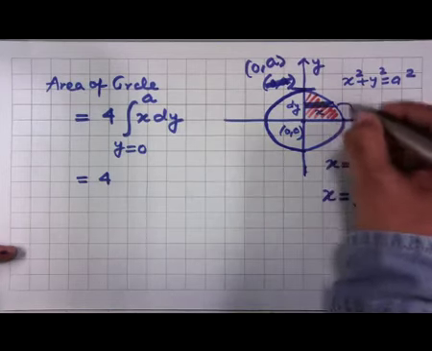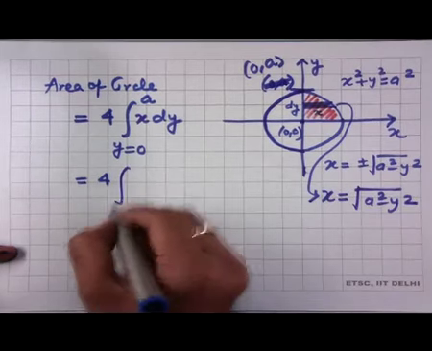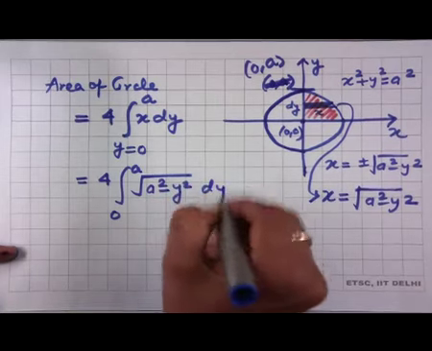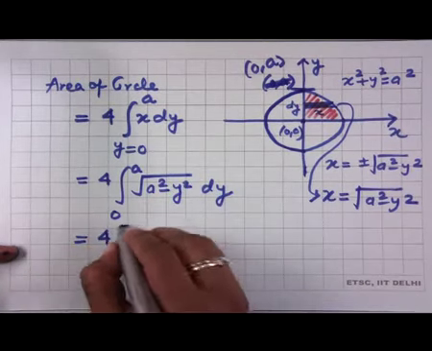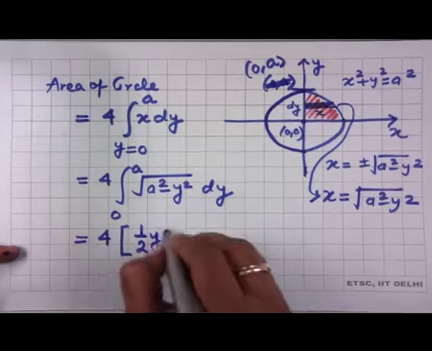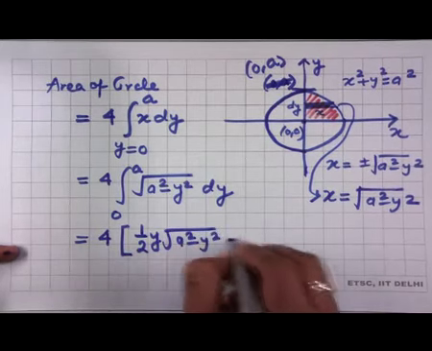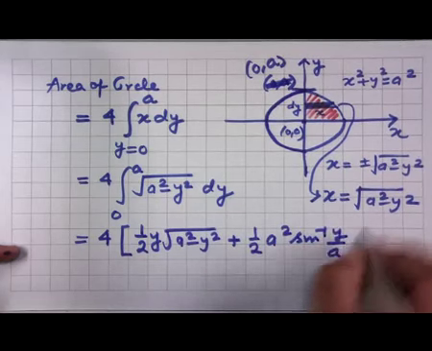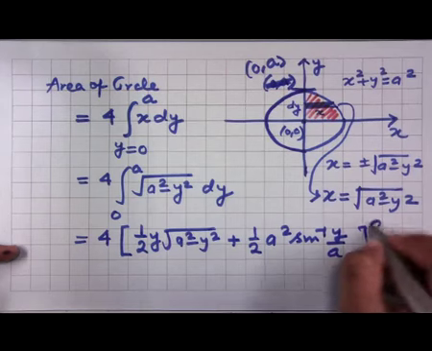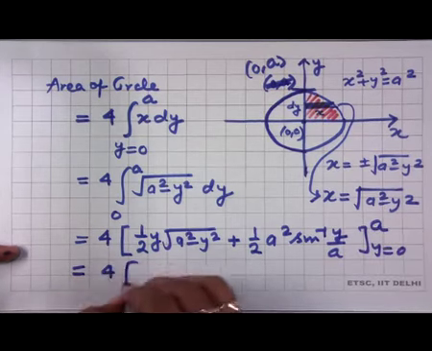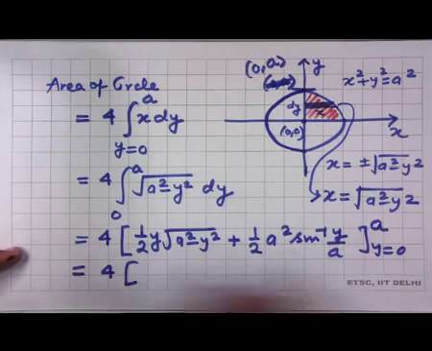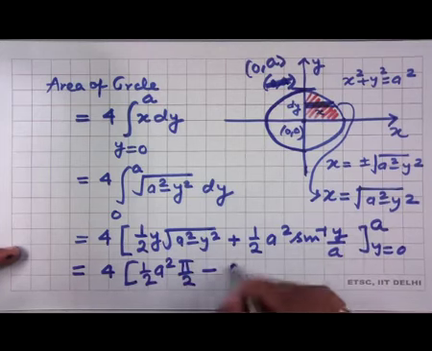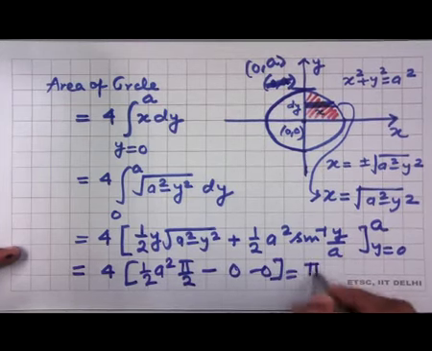So for this branch, integral 0 to a of under root a square minus y square dy, again by using the same formula, 1 by 2 y under root a square minus y square plus 1 by 2 a square sine inverse y by a, y goes from 0 to a. Again at a the first term will be 0 and this will give you 1 by 2 a square pi by 2, and at 0 it will be 0. So you get again pi a square.